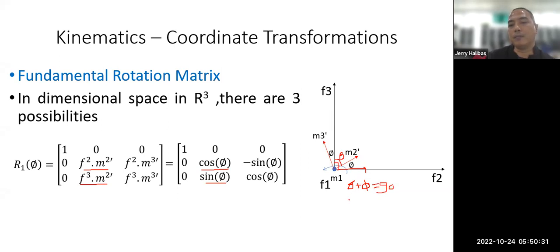So therefore, kung solve mo nimong beta, beta is equal to 90 minus phi. Okay? Then you're going to get the cosine of that one. That is actually equal to sine. That is property of trigonometry.